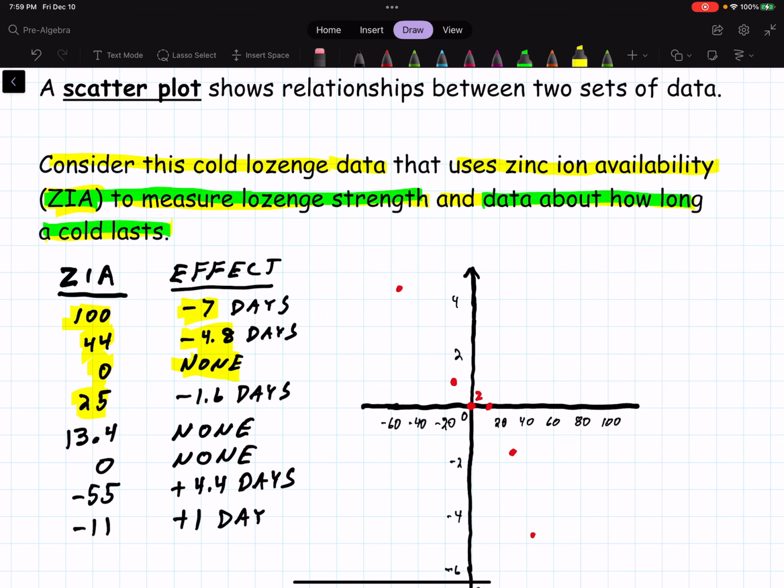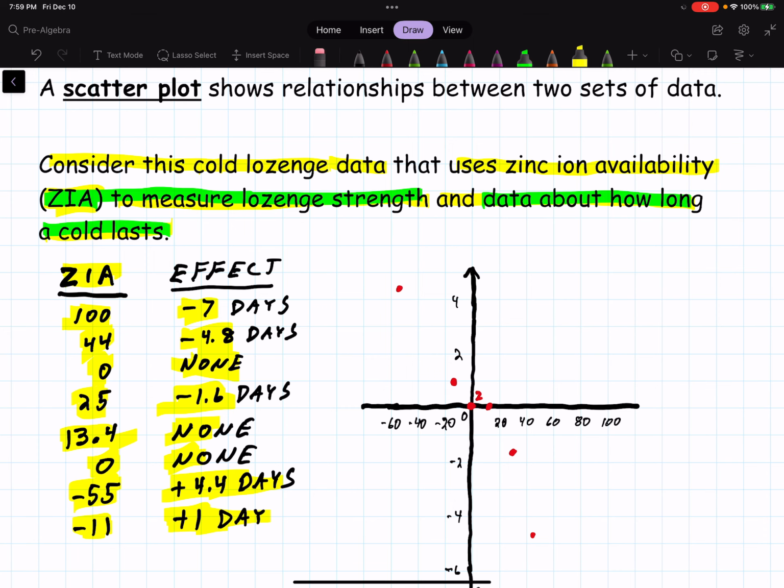If it's a positive 25, we get a negative 1.6 days. If it's 13.4, doesn't seem to be any change in the cold. Another 0 point with nothing. And if we have a negative 55 ZIA factor, we add 4.4 days to the cold. Negative 11 ZIA factor adds a day to the cold.